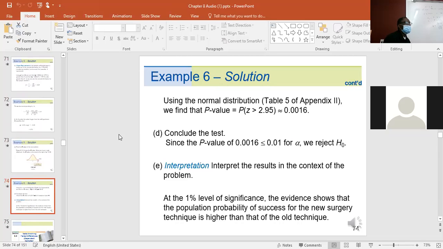What is the test value from your calculator? Are you able to get 2.95 for z? Are you having trouble using your calculator?